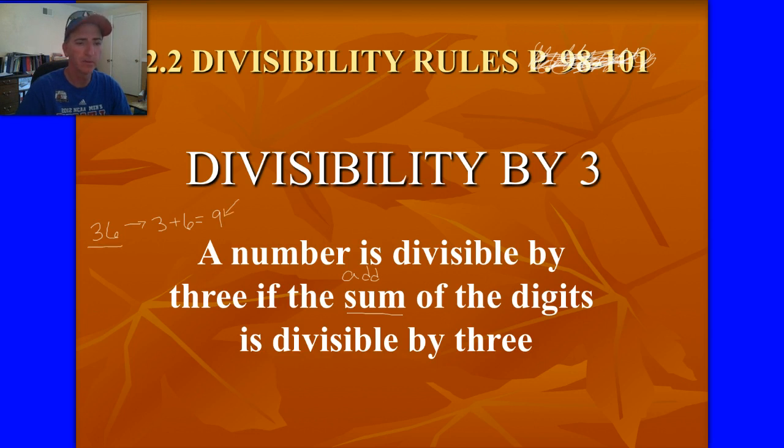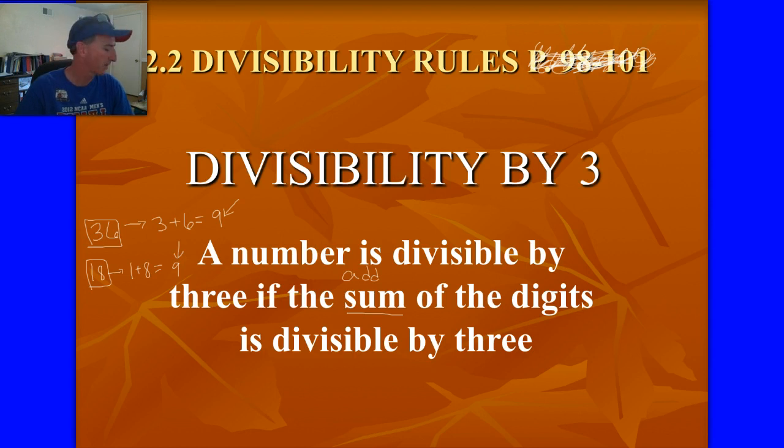Therefore, 3 will go into that number. And this is true all the time. Let's find a more simple one. How about 18? We know 6 times 3 is 18, right? If I had 18, and I add 1 plus 8, which is 9, notice that 3 goes into 9. Therefore, 3 will go into 18.